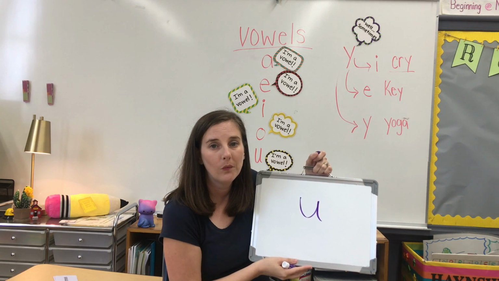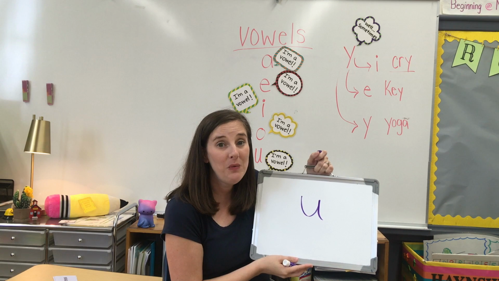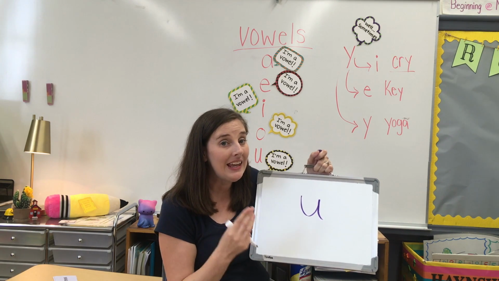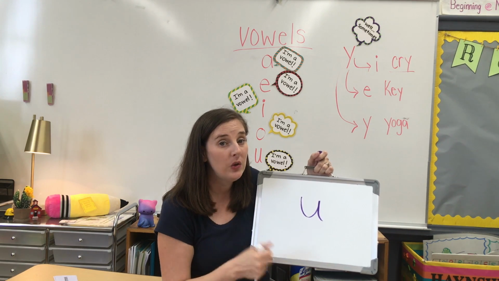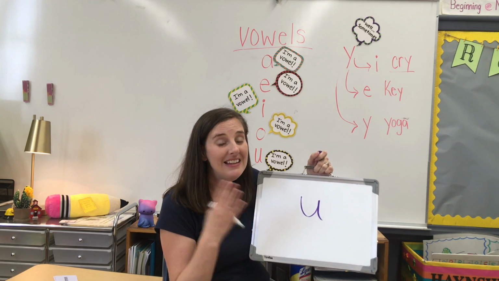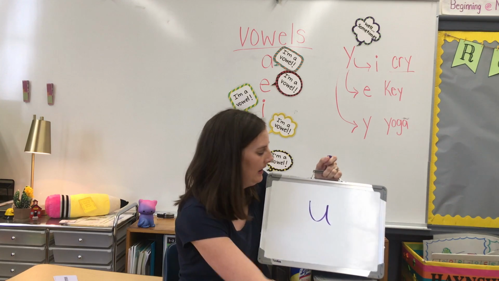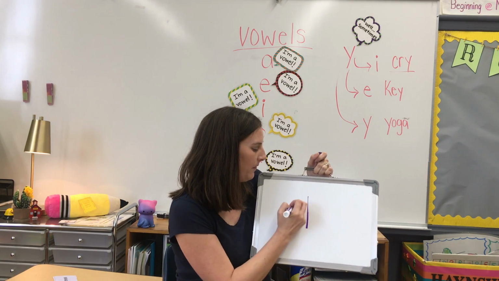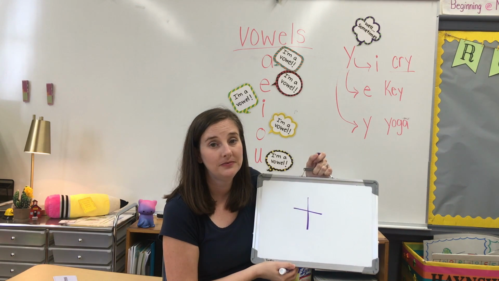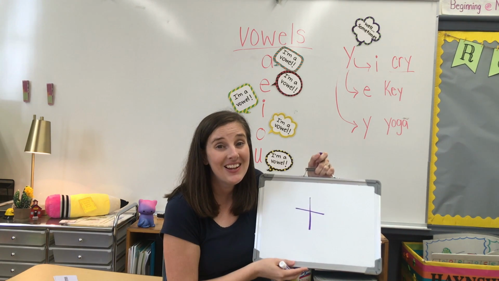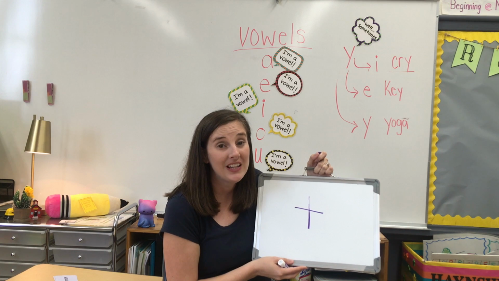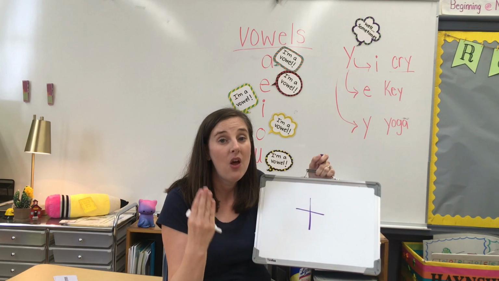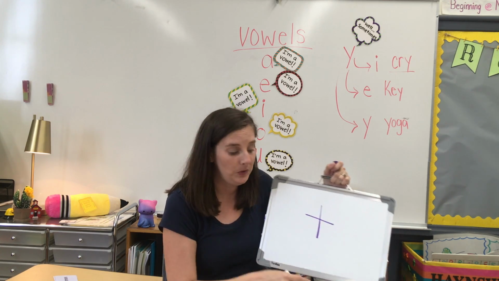U. I hope you said vowel, because remember, A, E, I, O, and U are all vowels, and sometimes Y. Last one. T. It's a consonant too. All right, so I just gave you 4 examples. 3 of them were consonant, 1 of them was a vowel.